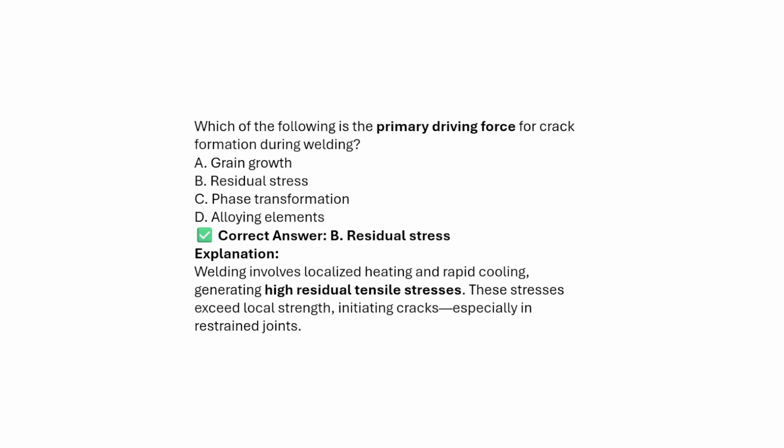Why is that? Welding involves localized heating and rapid cooling, generating higher residual tensile stresses. Those stresses exceeding the local strength initiate the crack, especially in restrained joints. During the welding process we do rapid heating followed by rapid cooling, and because of that, residual stresses are generated.